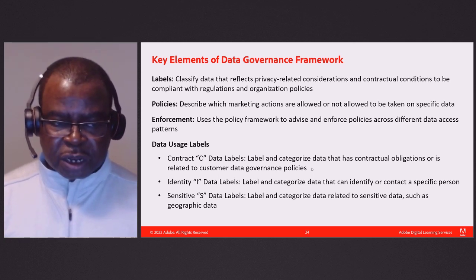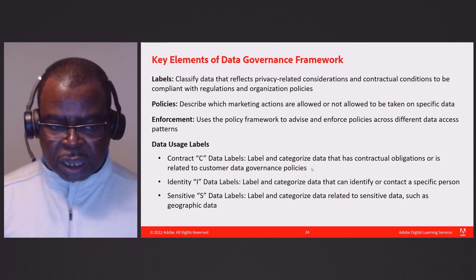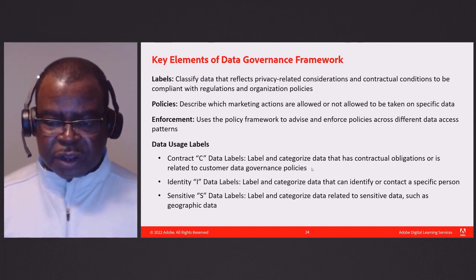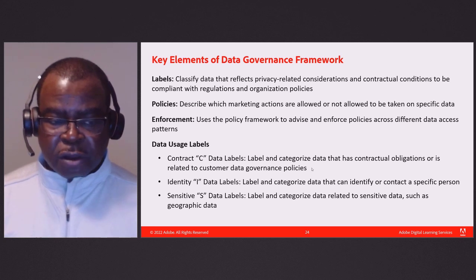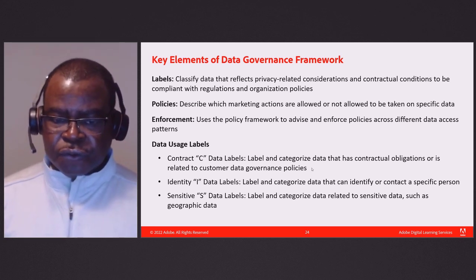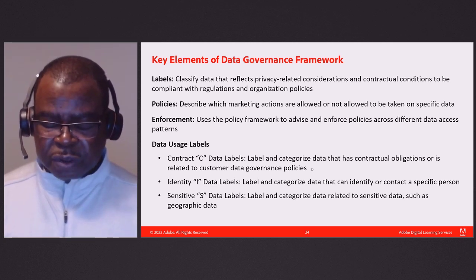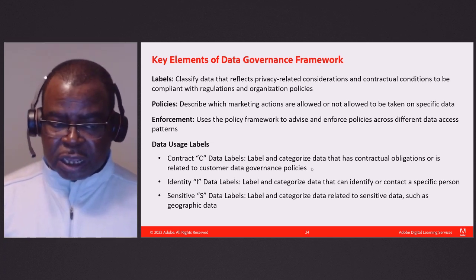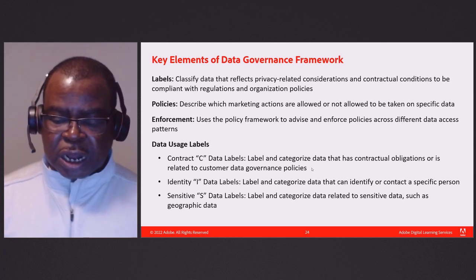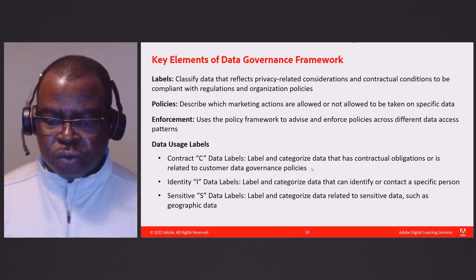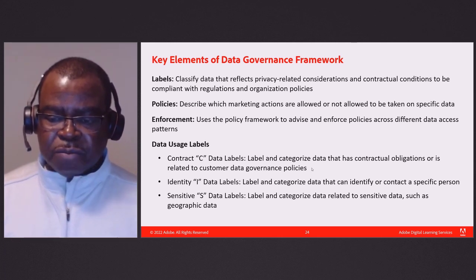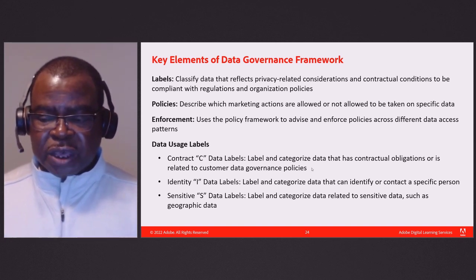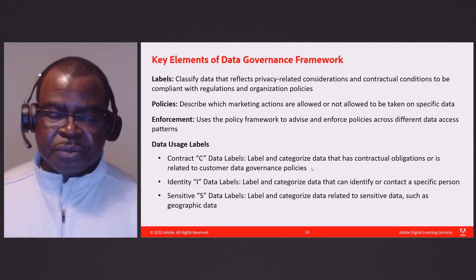So let's start with the data usage labels. Like I said, they are mostly metadata that actually categorize the data for contractual obligations relating to the governance policies associated with the data. The second category is the identity label that allows you to define what can be identified or what profile can be contacted specifically.